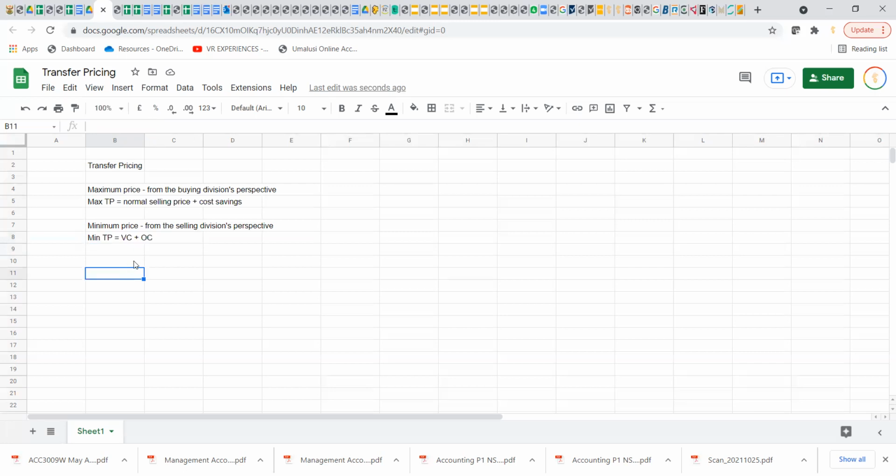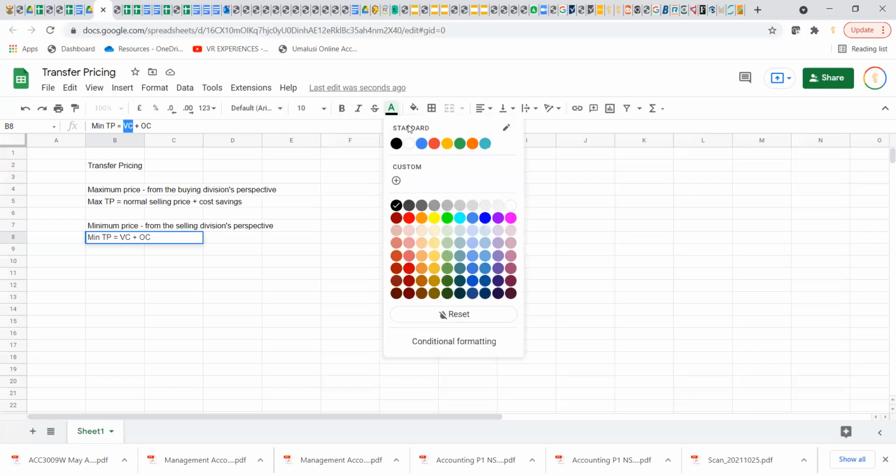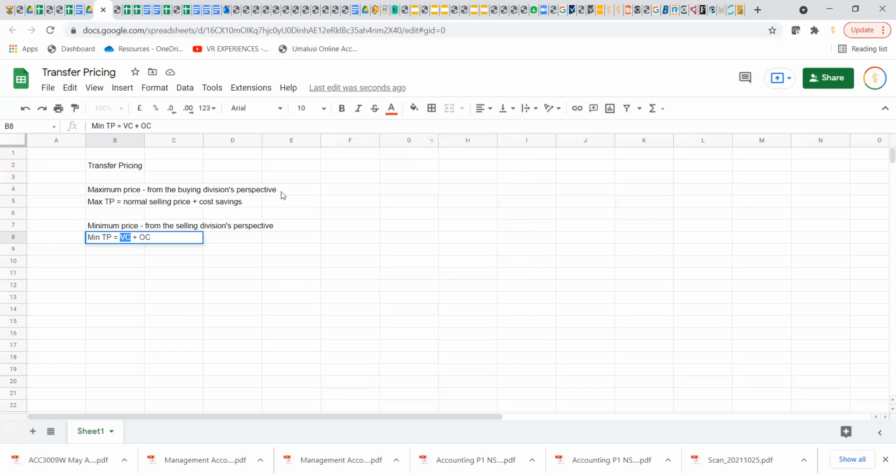What's important to understand is this variable cost, I'm just going to highlight it in red. This variable cost is the cost to produce for internal sales.